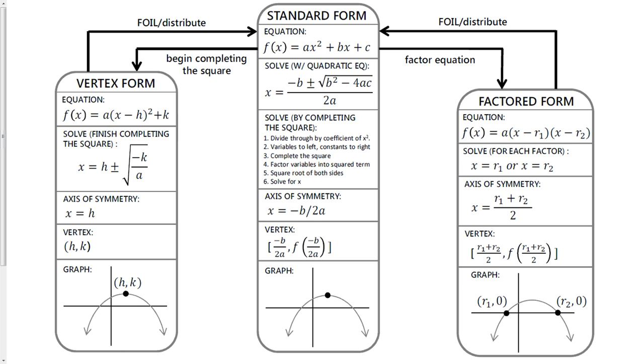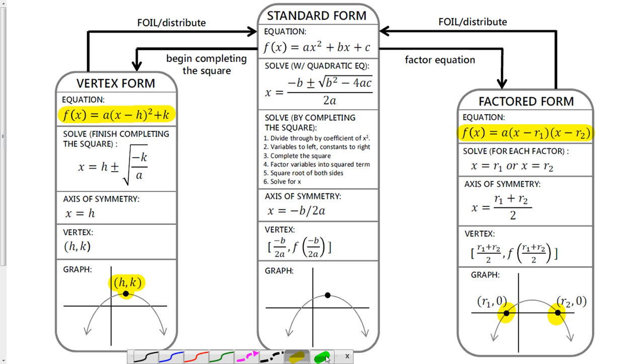When you are trying to find the roots, find the x-intercepts, being in factored form is one of the best ways to do it because it's so easy to solve for each factor to set each one equal to 0. When you're trying to figure out where the vertex is, being in vertex form is a huge strength because all you need to do is take the value of h and value of k and you're done.